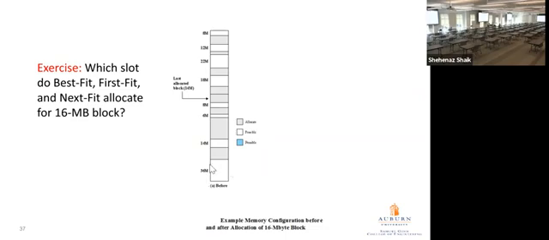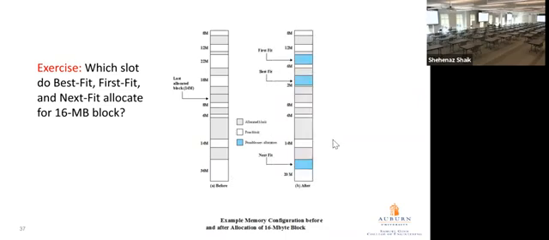So if we allocate that to this arriving request, we will again have a 20 megabyte hole. Okay, so those are all the different holes that can be selected, and the resulting holes if we allocate the selected hole to the arriving request. Okay, as we can see here.